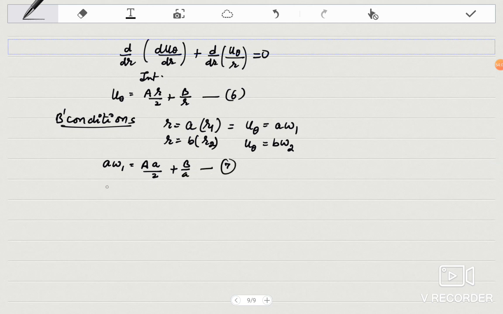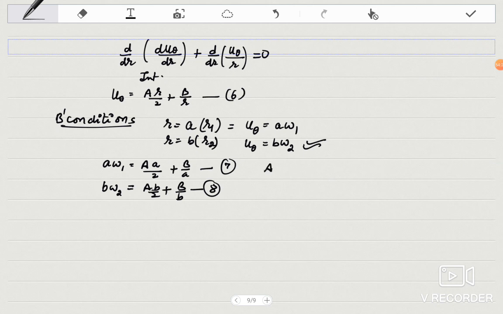This is for A and B. Then b omega 2, sorry, this is b omega 2, this one is equal to A b by 2 plus B by b. You just solve these for A and B and get u theta.